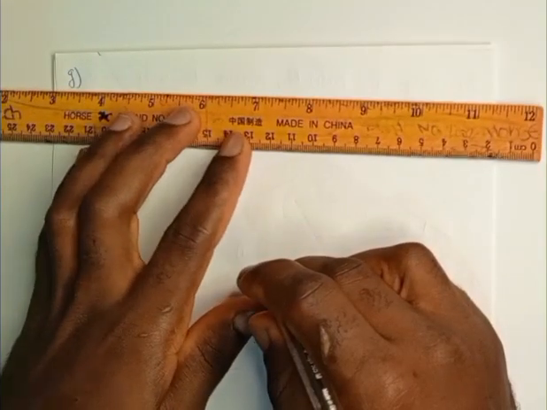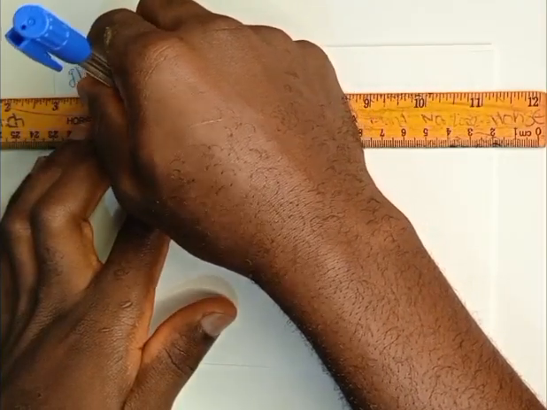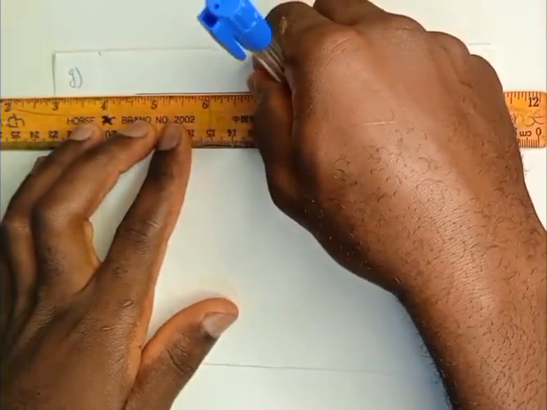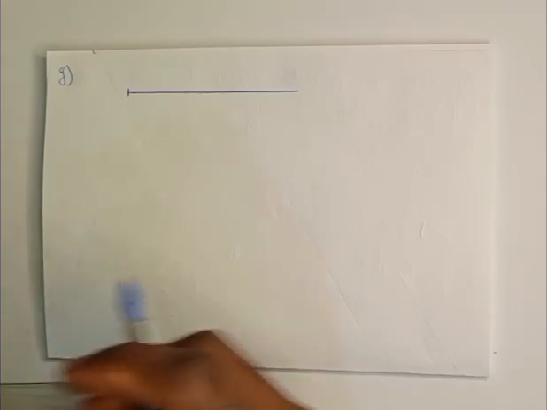G, 319 degrees. Draw the initial line. 180 degrees plus 139 degrees gives us 319 degrees.